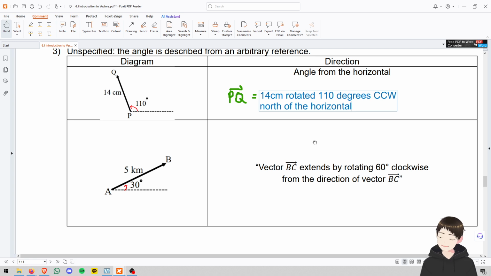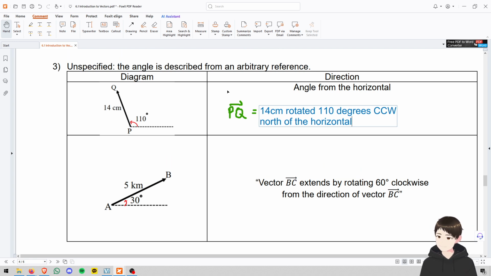Here's another example of why it might be a little frustrating and why this is not often used. Let's see. 5 kilometers, vector BC. So notice there is no C here, but vector BC extends, in other words, tail to tip, extends from B and goes to C by rotating 60 degrees clockwise from the direction of vector AB.